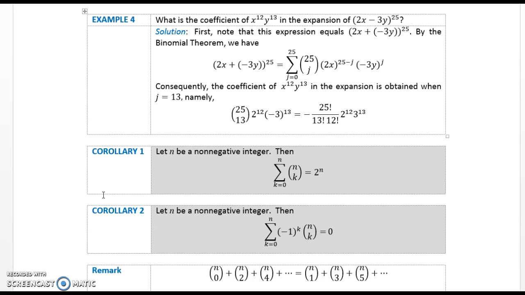Consequently, the coefficient of x to the 12th, y to the 13th in the expansion is obtained when j equals 13, namely 25 choose 13, 2 to the 12th times (-3) to the 13th, which is equal to minus 25 factorial over 13 factorial over 12 factorial times 2 to the 12th times 3 to the 13th.